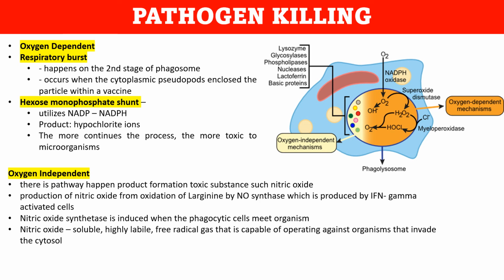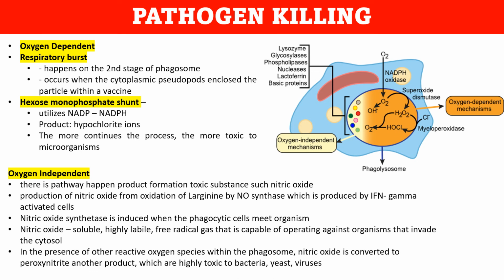Nitric oxide is a soluble, highly labile free radical gas capable of acting against organisms that invade the cytosol. In the presence of other reactive oxygen species within the phagosome, nitric oxide is converted to peroxynitrite, another product which is highly toxic to bacteria, yeast, and viruses.